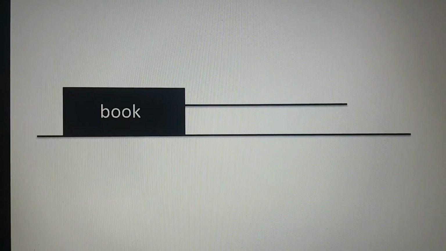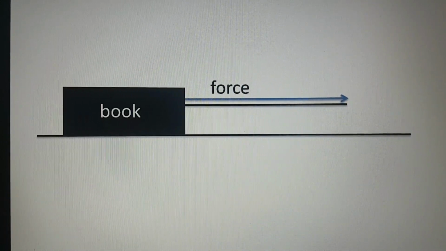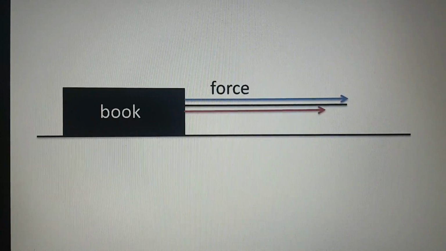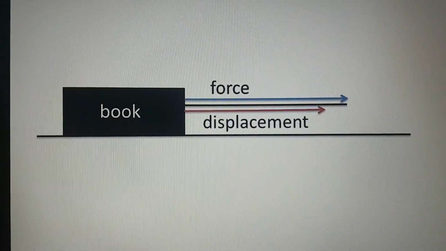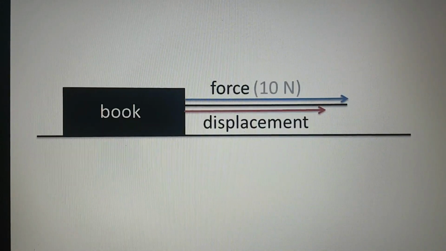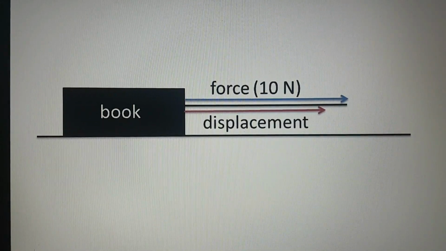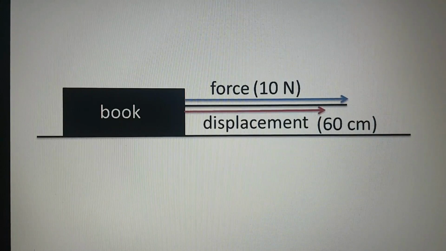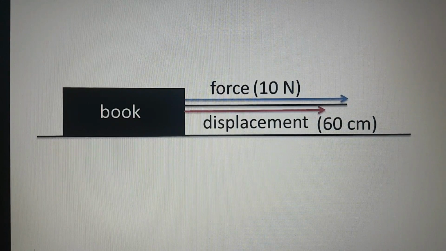In a free body diagram, we can say that once you apply the force on the string that holds the book, it will acquire a displacement just like this. Say for example, the force is 10 Newtons and the displacement is 60 centimeters, and again, we have to convert 60 centimeters into meters, so that will give us 0.6 meters.